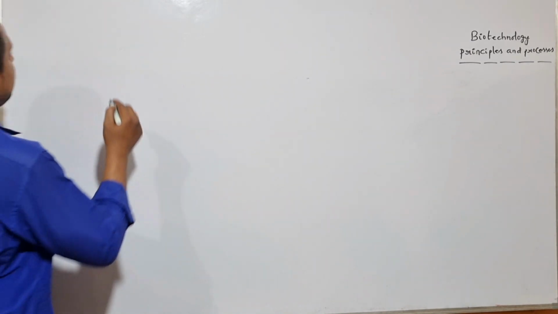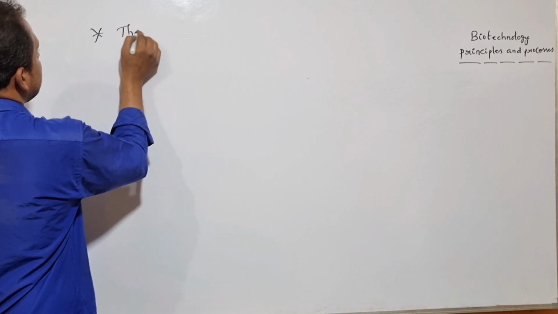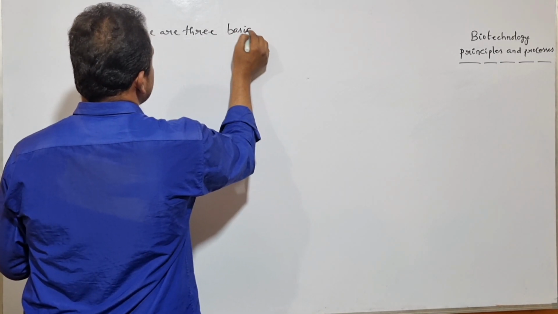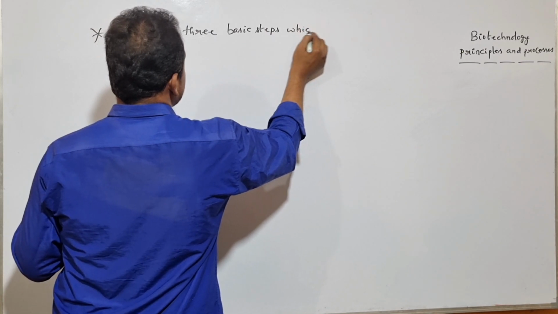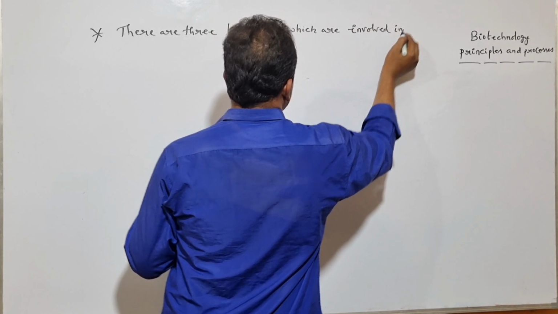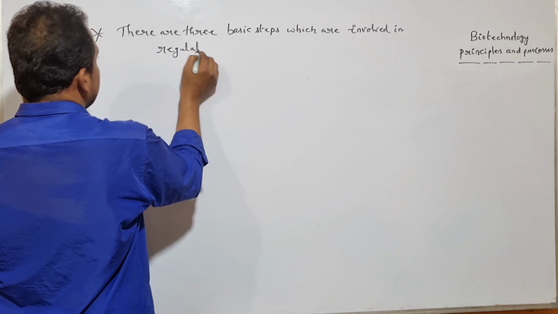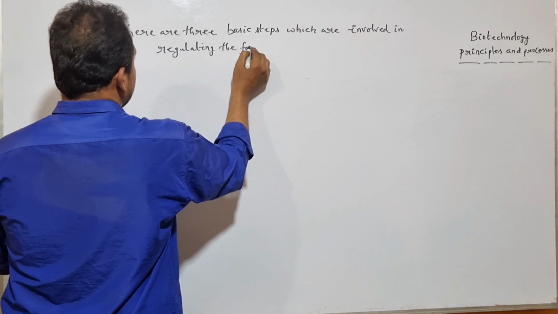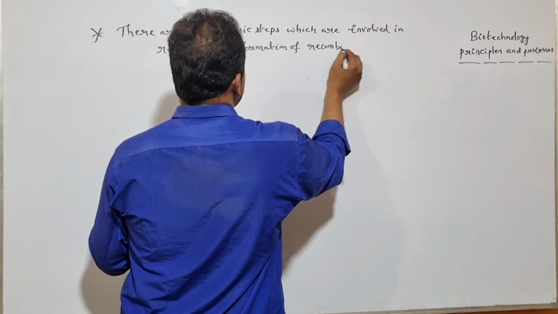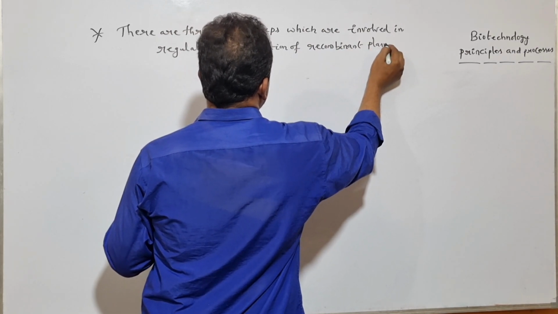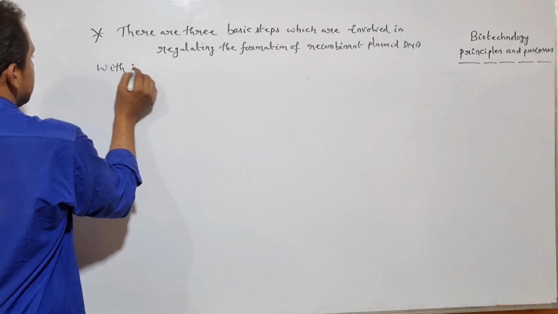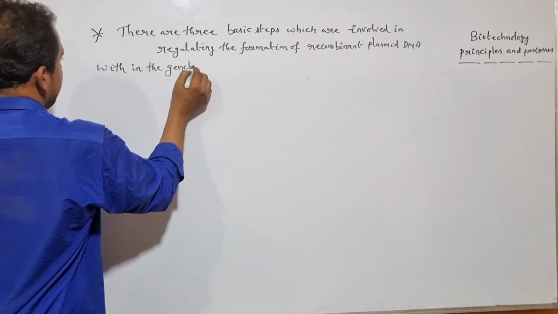And these may include, so let me write here, there are 3 basic steps which are involved in regulating the formation of recombinant plasmid DNA within the genetically modified organisms.